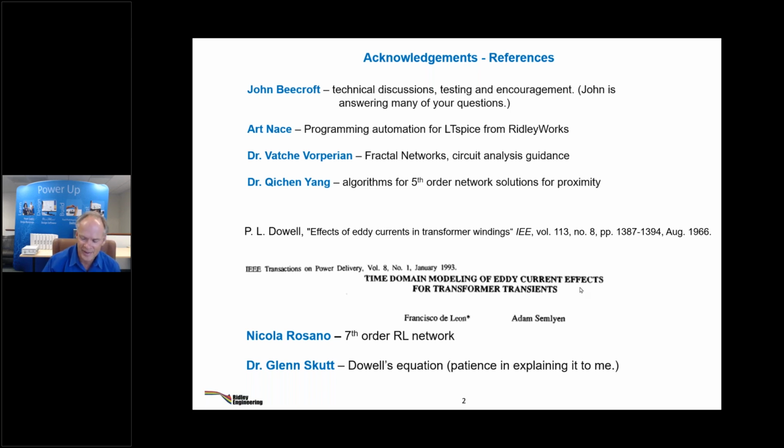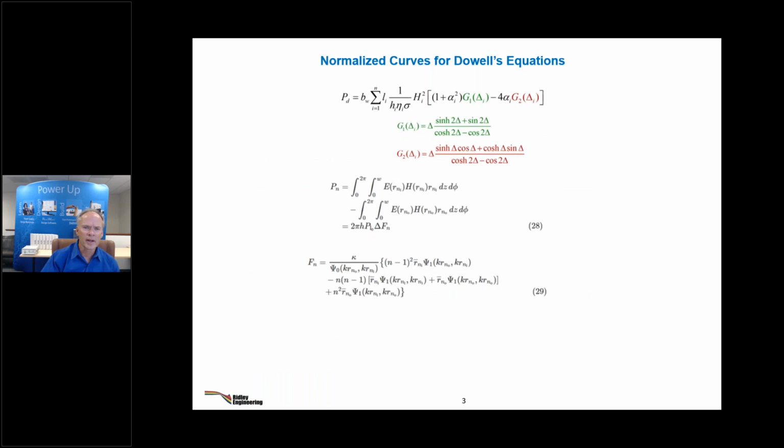The math is hard. And let's talk about that a little bit. Here is some of the math for Dowell's equations. And this is the reason why most people don't even go there. Because when you look at this, I mean, who remembers hyperbolic sines and cosines and so on, and can even figure out what these functions look like? But this is the starting point for doing proximity loss.